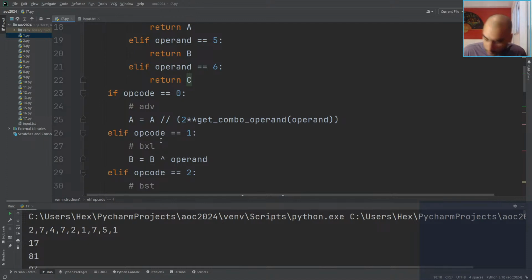Now that's interesting, because when you got XOR... Whatever. Keep going. 1, 3.